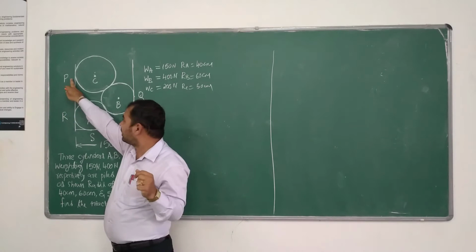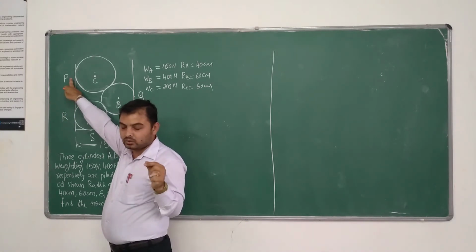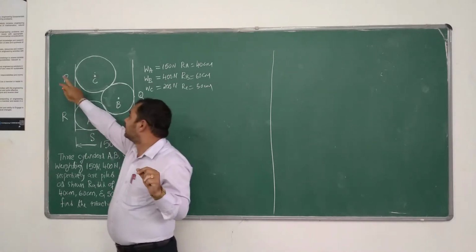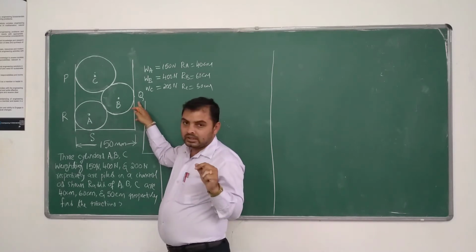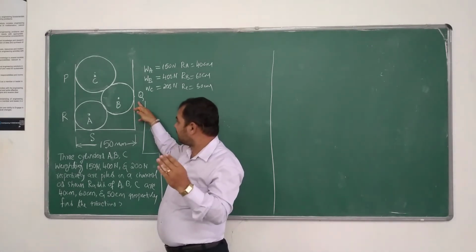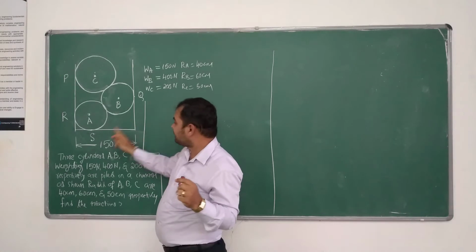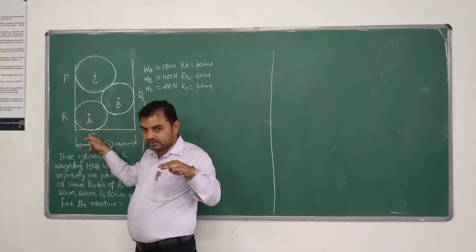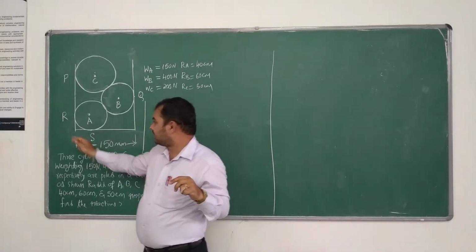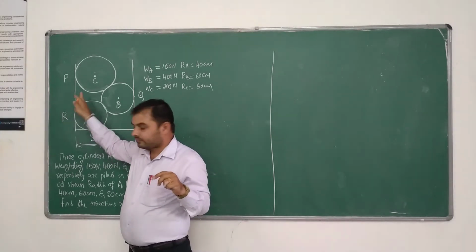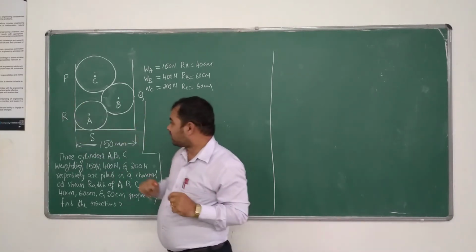Therefore there is no need to calculate the value of theta. In case of Q, again the surface is vertical, so the reaction is horizontal. Similarly at the point S, the surface is horizontal, so the reaction is vertical. Similarly at the point R, the surface is vertical, so the reaction is horizontal.